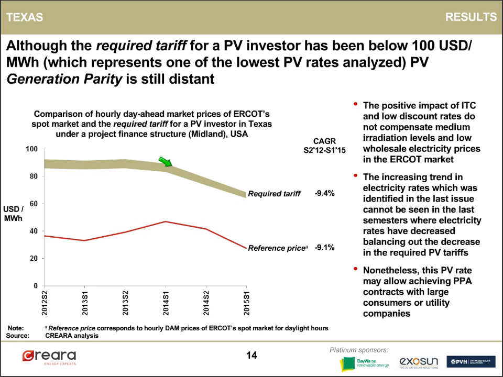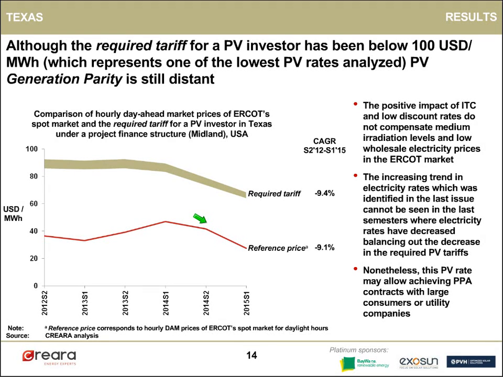The problem is that the reference price has done the same. In the last issue, we mentioned that there was an upward trend in the day-ahead market prices between the beginning of 2013 and the beginning of 2014. But this trend actually was not confirmed in the last 2 semesters. And you can see here that the reference price has decreased significantly.